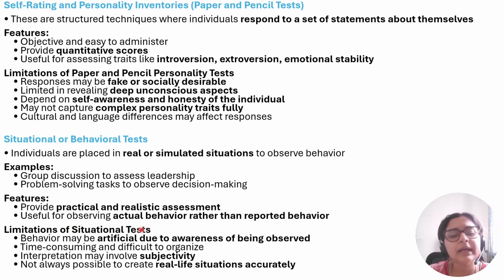They provide practical and realistic assessment. They are useful for observing actual behavior rather than reported behavior. Limitations: the behavior may be artificial due to awareness of being observed. It is time consuming and very difficult to organize. Interpretation may again involve a lot of subjectivity. It is not always possible to create real life situations accurately.